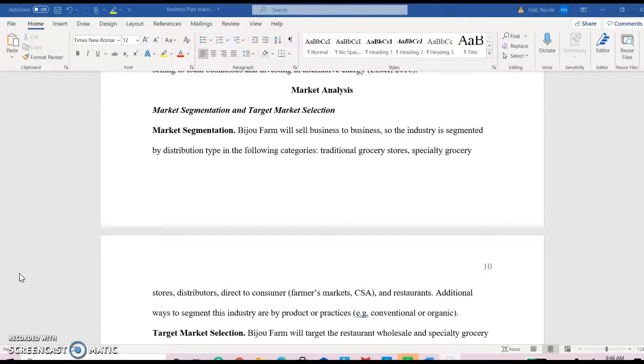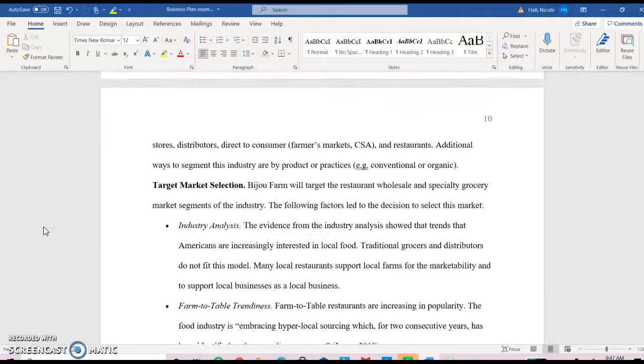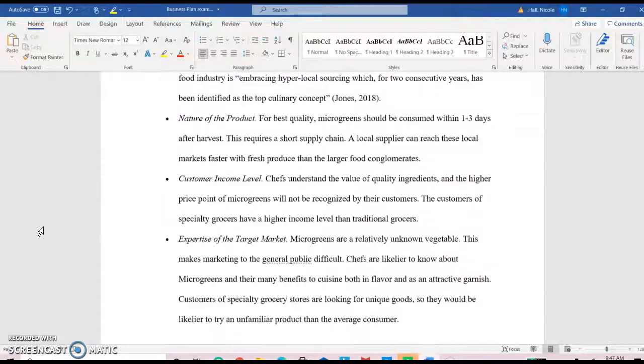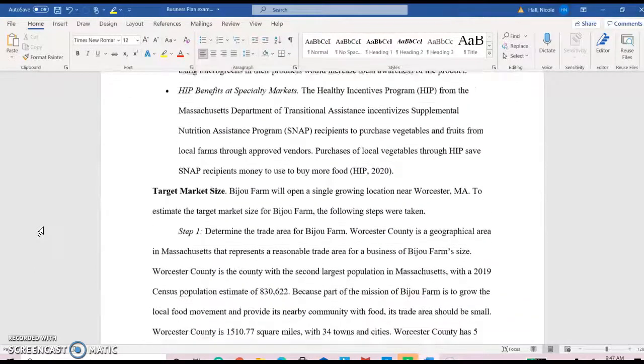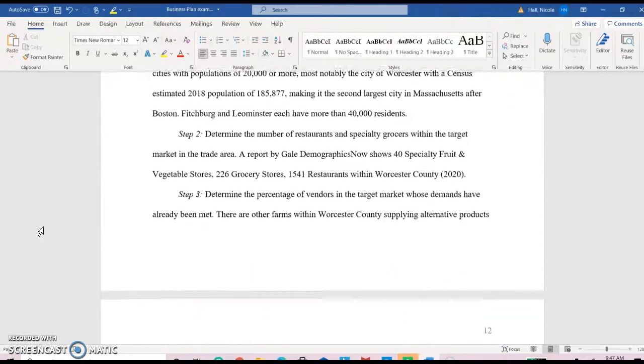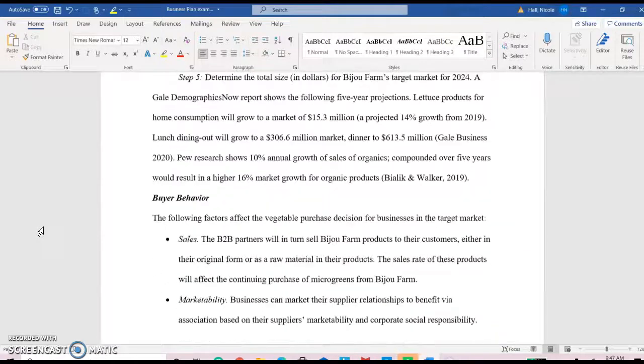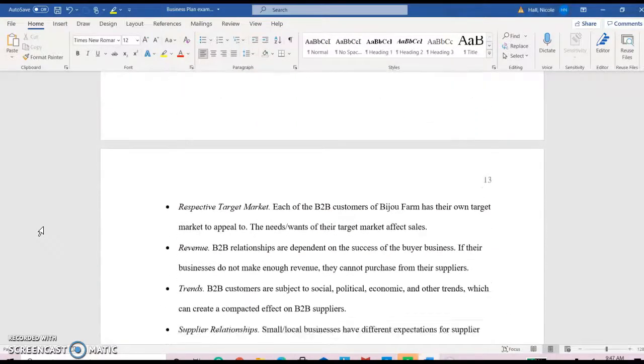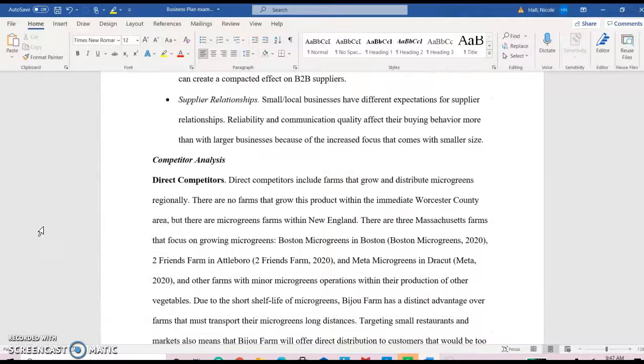What will help you answer the market analysis is thinking of the 5 W's, all right? Who, what, where, when, and why. So as you can see for subheadings here, under market analysis, we have market segmentation, target market selection, target market size, buyer behavior, competitor analysis.